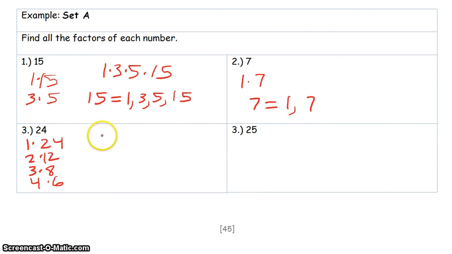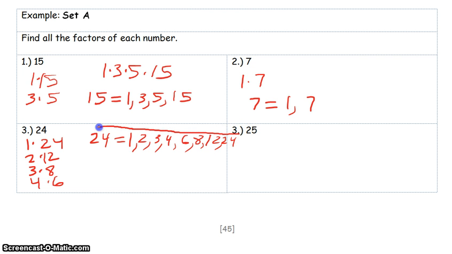So the factors of 24 are these here. We have 24 is equal to 1, 2, 3, 4, 6, 8, 12, and finally 24. These are the factors of 24.